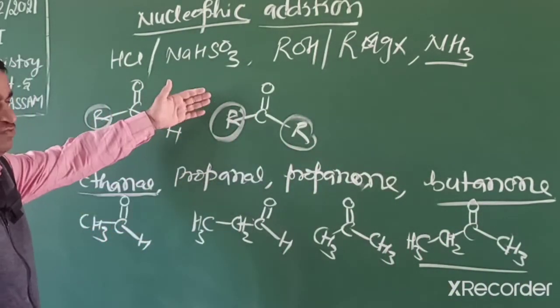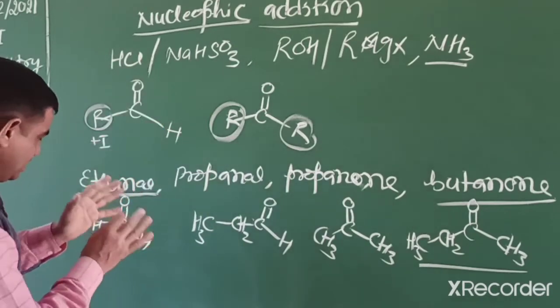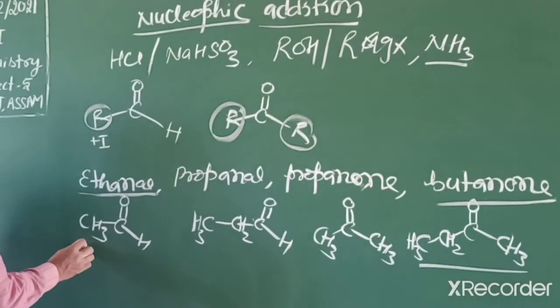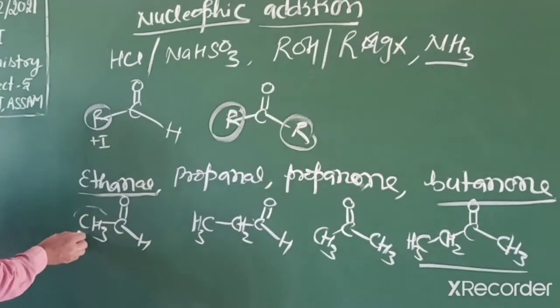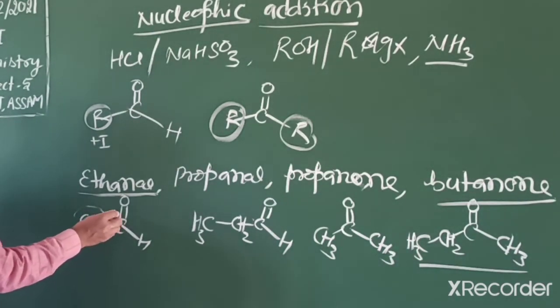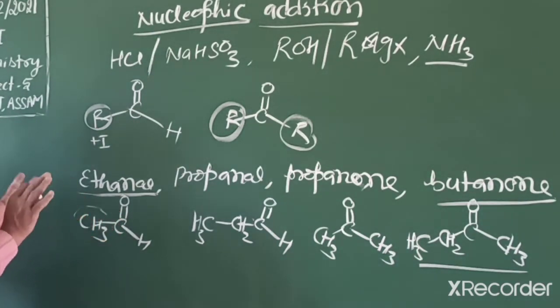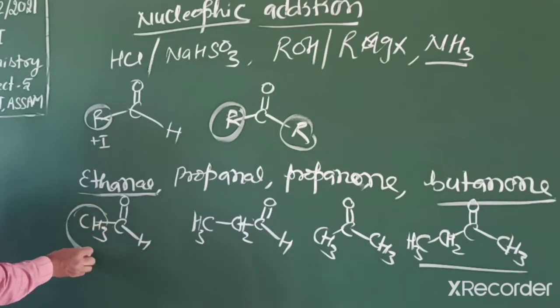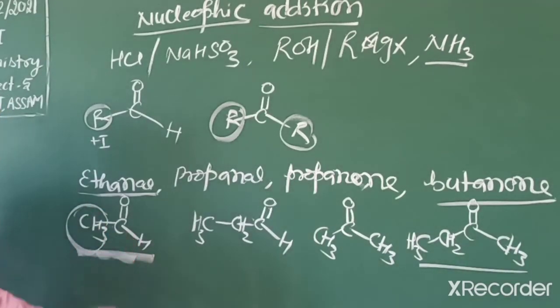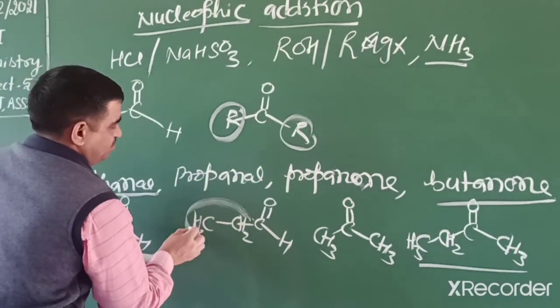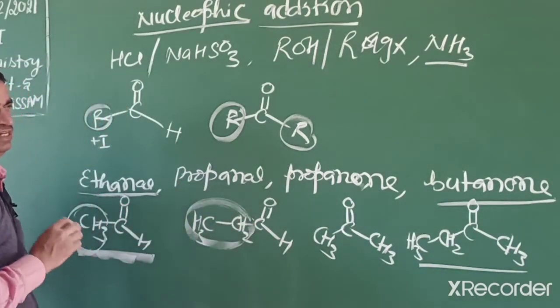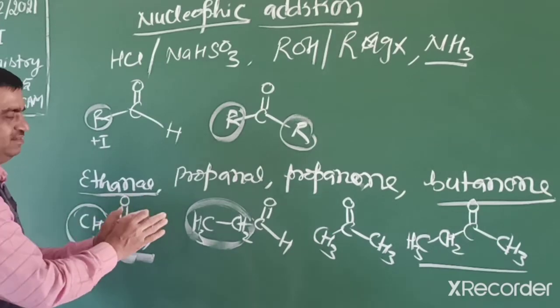So students, which one is most reactive? That is the one with less steric hindrance. So ethanal has lower steric hindrance, so this carbon is more electron deficient. So the nucleophile easily attacks. So this one is most reactive. Ethanal is most reactive. Then propanal, because in propanal the C2H5 steric hindrance is slightly higher.